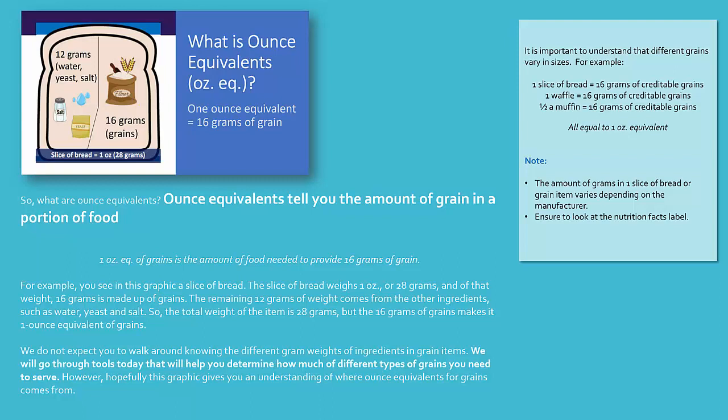For example, 1 slice of bread equals 16 grams of credible grains, 1 waffle equals 16 grams of credible grains, and half a muffin equals 16 grams of credible grains, all equal to 1 ounce equivalent. So please note, the amount of grams in 1 slice of bread or grain item varies depending on the manufacturer. Ensure to look at the nutrition facts label.